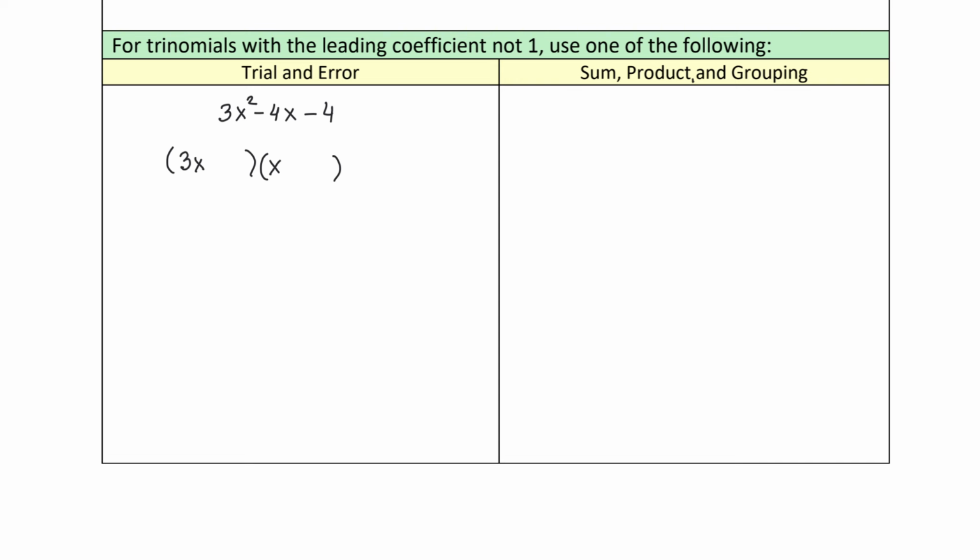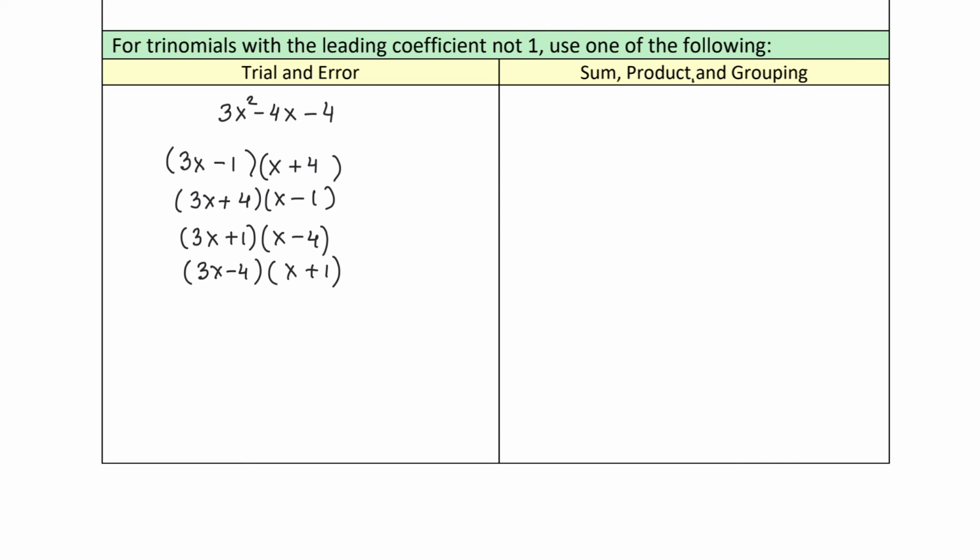In case of negative 1 and positive 4, one option is to have negative 1 in the first parenthesis and 4 in the second one, or vice versa. And that would be 3x plus 4 times x minus 1. Now, another product that makes negative 4 is positive 1 and negative 4, then in this case, in the first parenthesis, we could have 3x plus 1, and in the second, x minus 4, or 3x minus 4 in the first parenthesis and x plus 1 in the second.